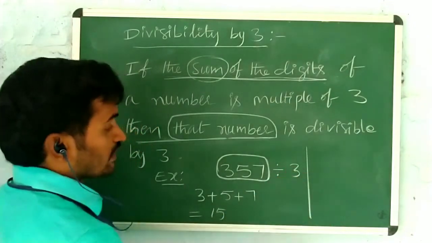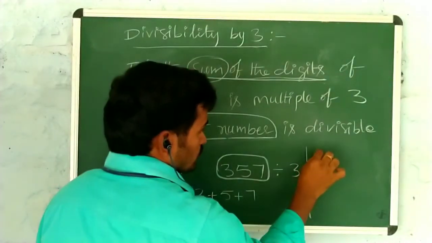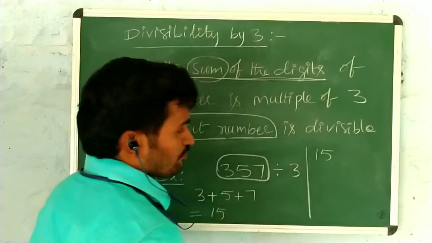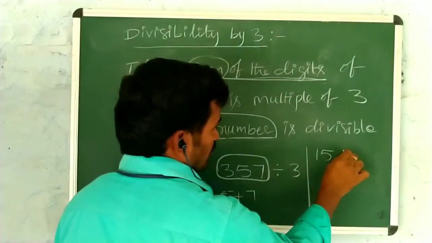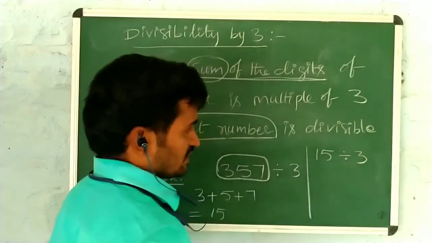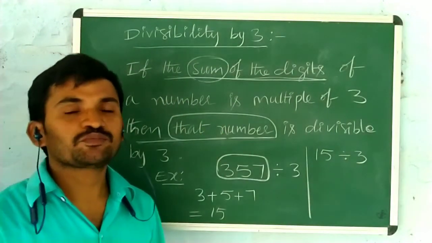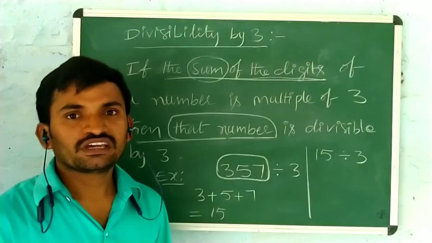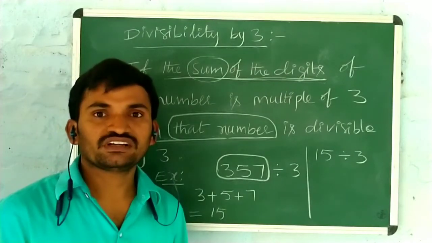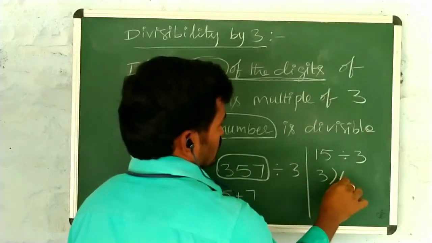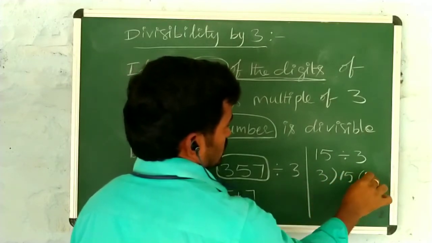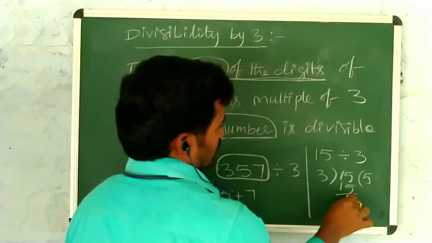Now, you say, is 15 a multiple of 3 or not? Yes, 15 is a multiple of 3. We can see 15 in the 3 table. 3 5s are 15.